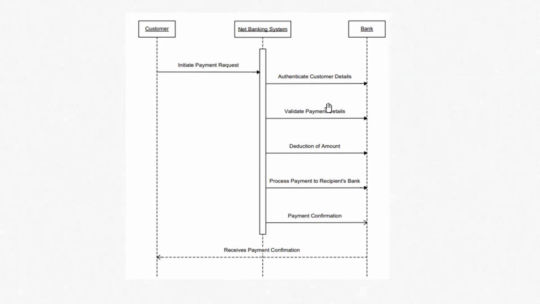So coming back to the sequence diagram, if you observe the rectangle boxes on the dashed lines, these represent the activation time, and the dashed lines are lifelines, and the customer and the others are the actors and objects. This is the message from the customer to net banking, initiating the payment request, and then it passes the message to the actual bank to authenticate the customer details.